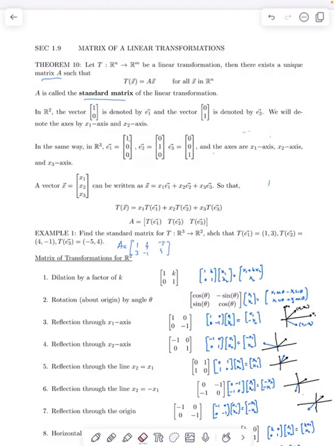Okay, so now any vector in the space can be written as a combination of these vectors. For example, in R2, E1 and E2 are linearly independent vectors, and they span R2. So any vector x can be written as x1 E1 plus x2 E2.